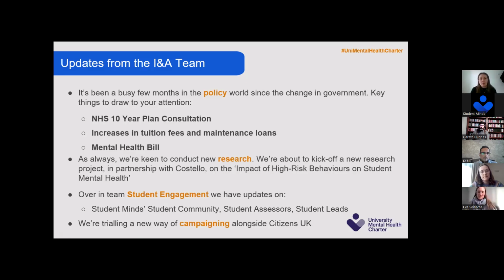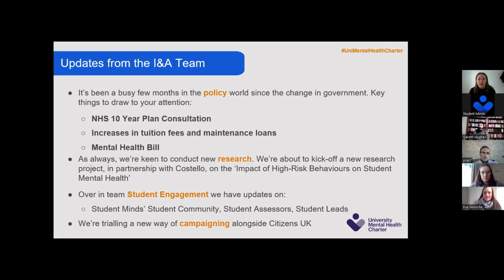We also wanted to let you know about some new research that we're conducting. So we're receiving some pro bono support from an organisation called Costello Medical, who are essentially doing the research for us with our steer, which is very generous of them.